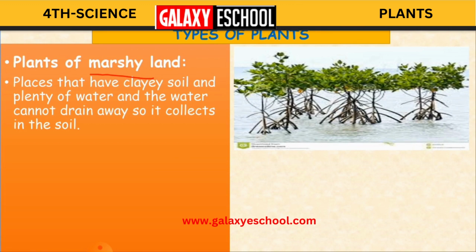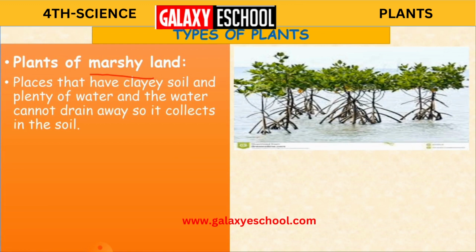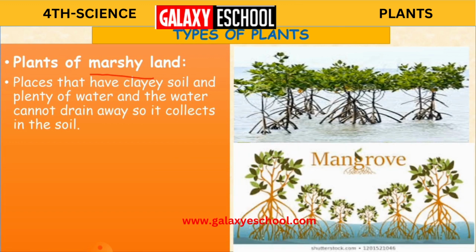Plants that have clayey soil and plenty of water, and the water cannot drain away, so it collects in the soil. The places that have clayey soil, children, normally you play with clay. Black color soil, you play with clay and it is very sticky. Why is it very sticky? Because it is always wet.